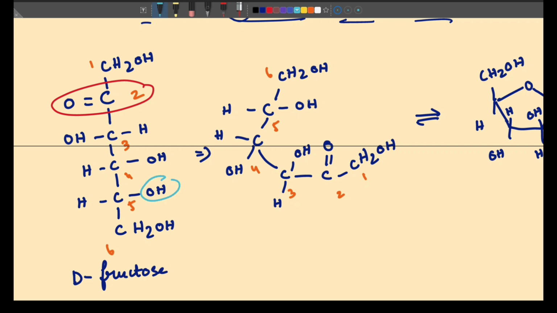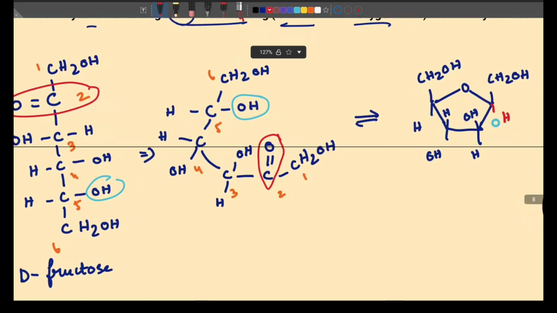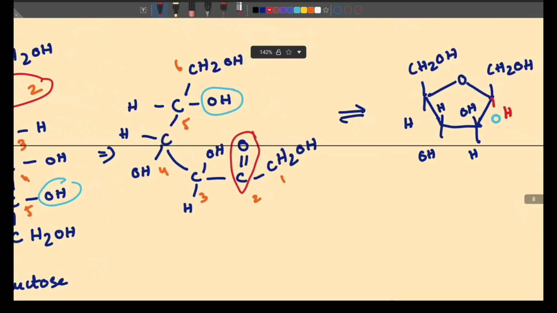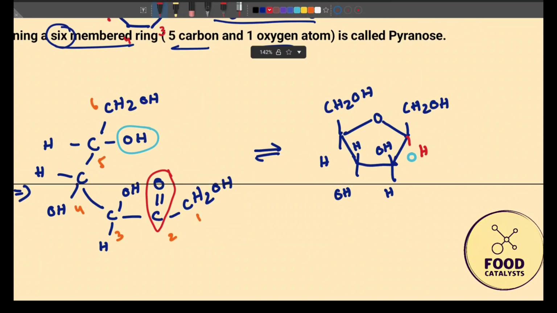The 2nd carbon links with the 5th carbon, the OH will be bonding and C will link with the oxygen, and another C-O-C linkage will be formed.